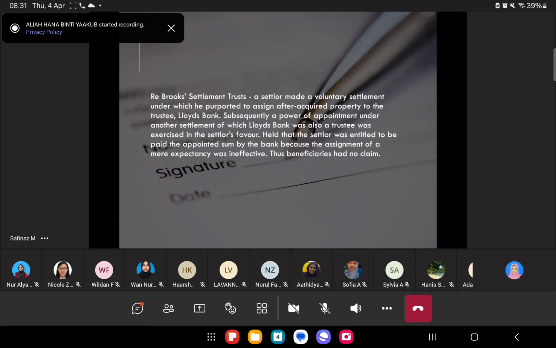So based on that, mahkamah kata the trust is not valid and there is no completely constituted trust. Okay, so the assignment of mere expectancy was ineffective. So beneficiary ni tak boleh enforce lah. Okay.